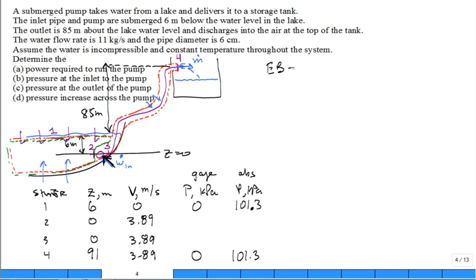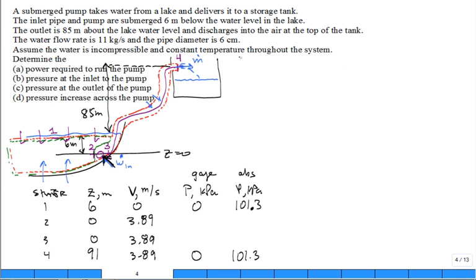Is there any shaft work for that control volume? Is there any W dot cutting across the boundary of the control volume? None. So what we have is 0 is equal to the mass flow rate. Let me back up a little bit.